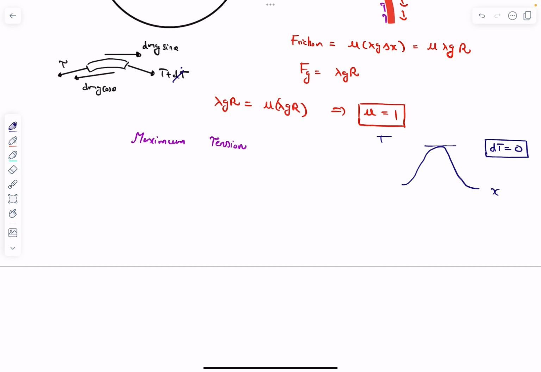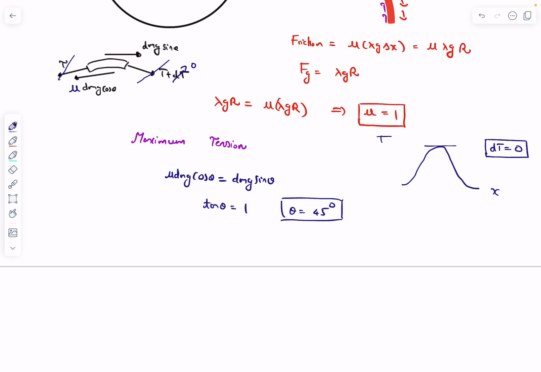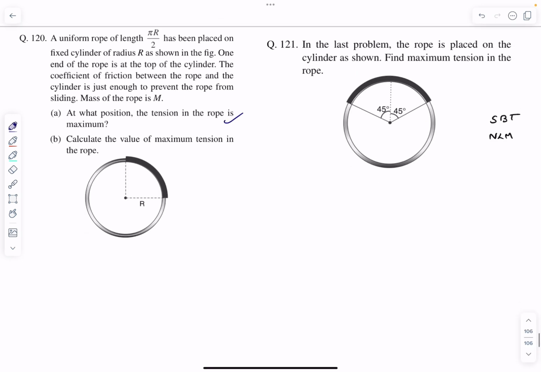So if I set dT equal to 0 to find out the condition for maxima, then from the FBD, T cancels out with T, and we get, so I missed a mu here, we get mu dmg cos theta equals dmg sine theta, right? So from here, tan theta turns out to be mu, but mu we figured out was 1. So theta turns out to be 45 degrees. Okay, so theta equals 45 is the point where tension achieves its maximum value. So that was the answer to this question.